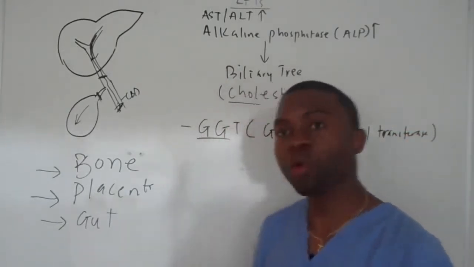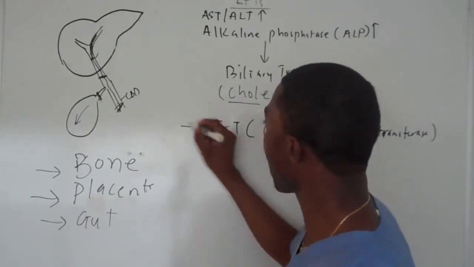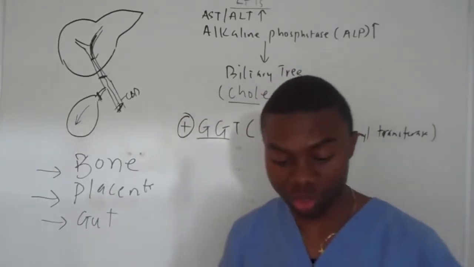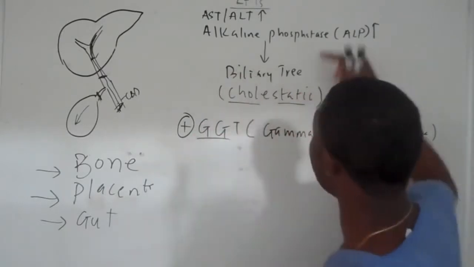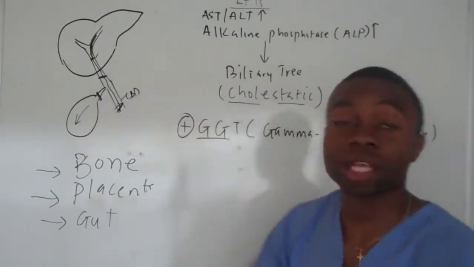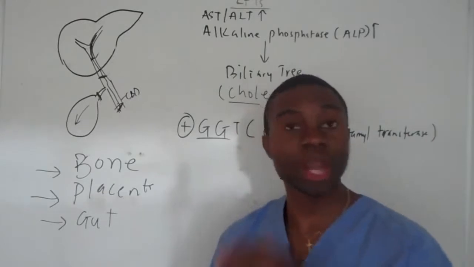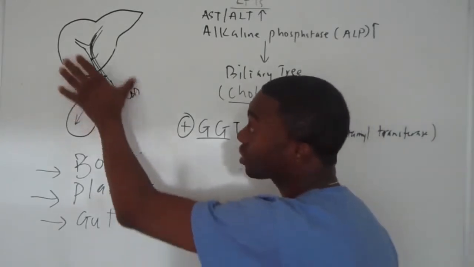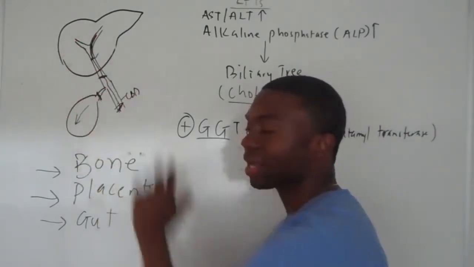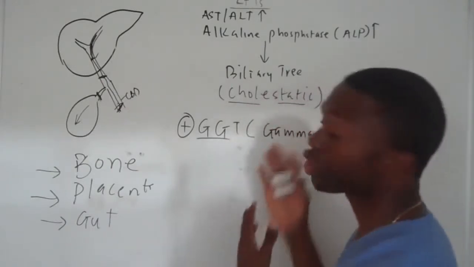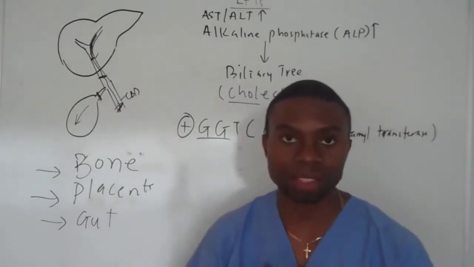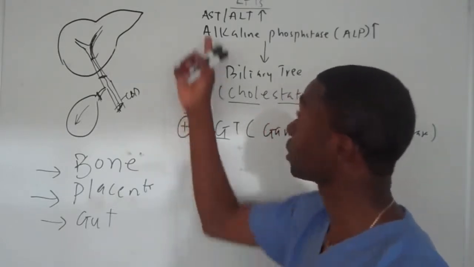If you order a GGT test and it comes back positive, you won the jackpot. That's basically telling you this alk-phos is coming from the biliary tree. So now you know it's something wrong along the line inside the liver, some kind of hepatocellular mechanism or cholestatic mechanism that's triggering an elevated alk-phos and elevated liver function tests.